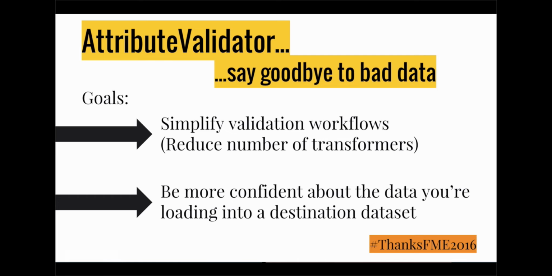We're trying to bring together under one roof many of the tools that you might use for typical attribute validation, and hopefully say goodbye to bad data. So the goal of adding this new transformer was to simplify your validation workflows and to be, in general, more confident about the data that you're loading into your destination data set.